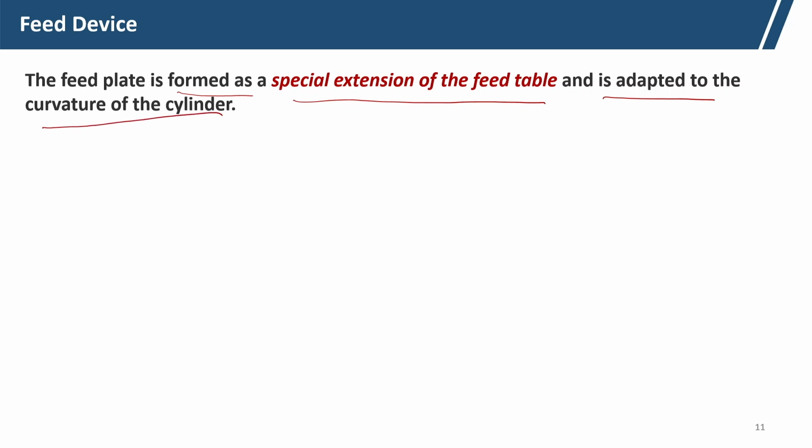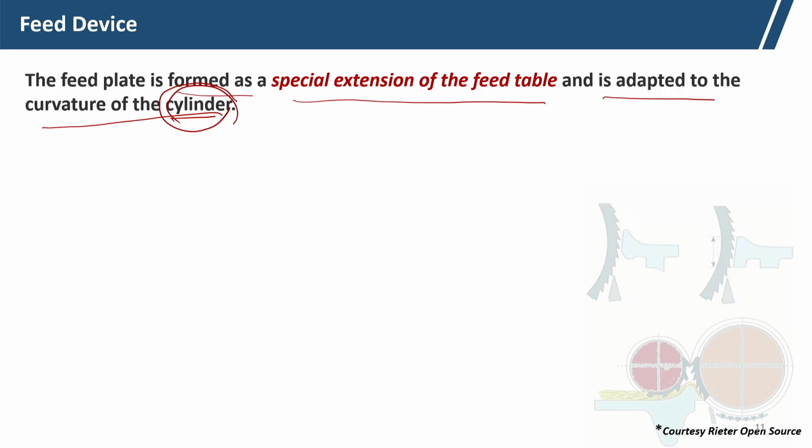Here cylinder does not mean the carding cylinder, it is the Licarin, because it is cylindrical in shape, that is why it is called that. It is a special curvature, so that it holds the fiber against the Licarin surface.